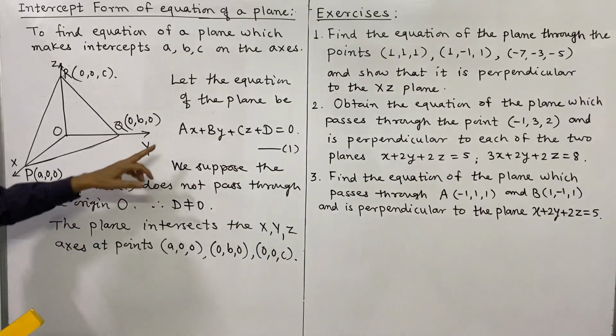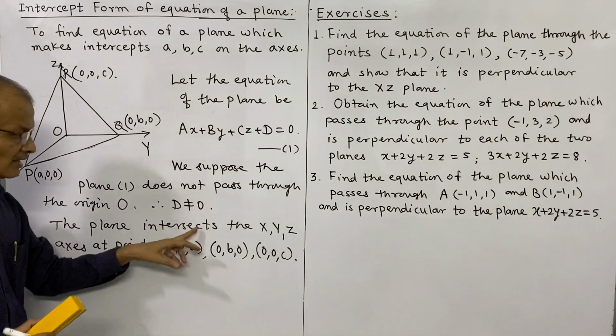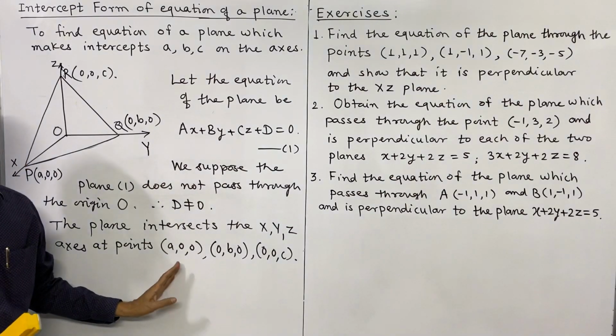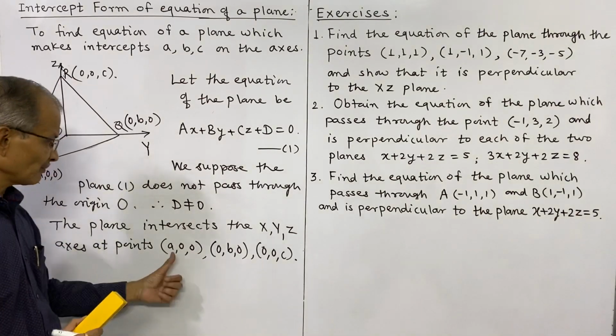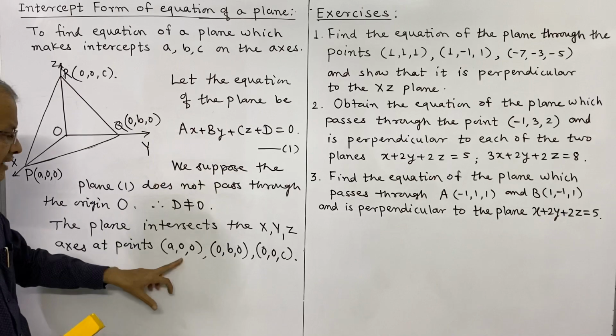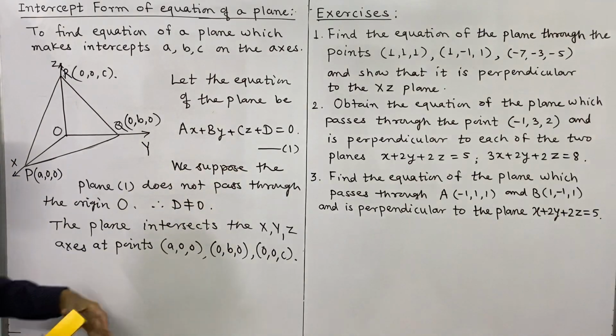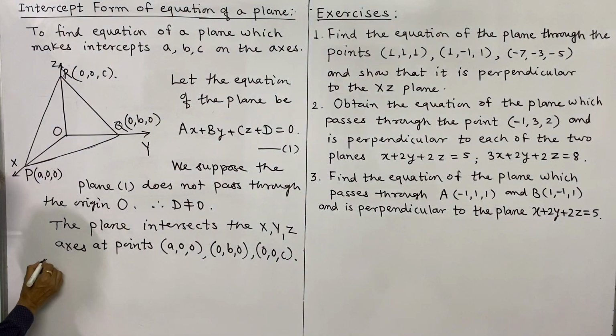From 1 we know the plane intersects these axes, which means these points on the axes are also on the plane, and if a point is on the plane, then its coordinates must satisfy the equation of the plane. So this condition we shall use.